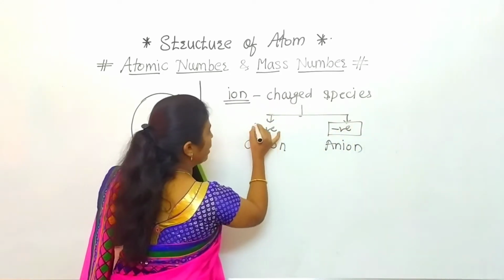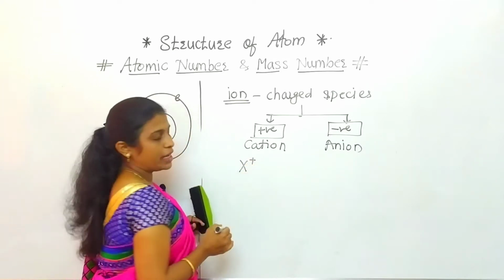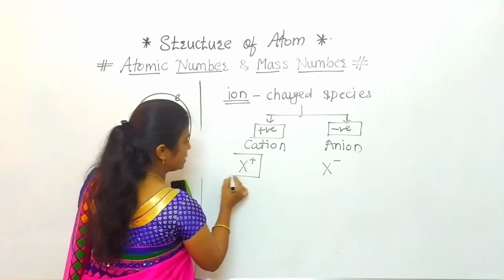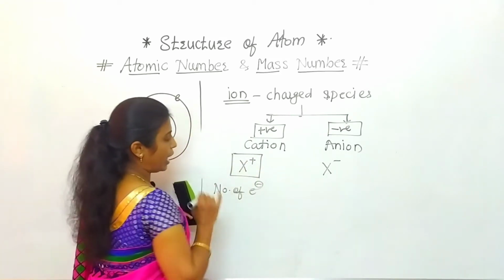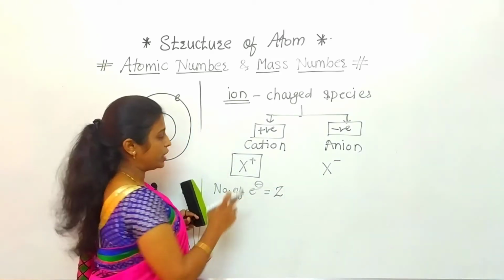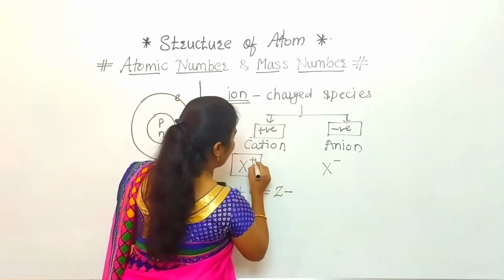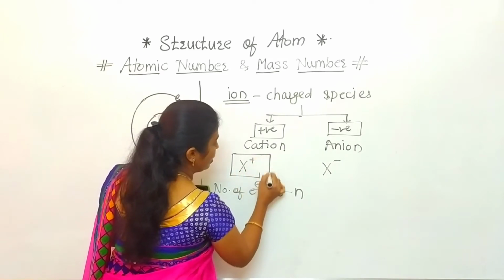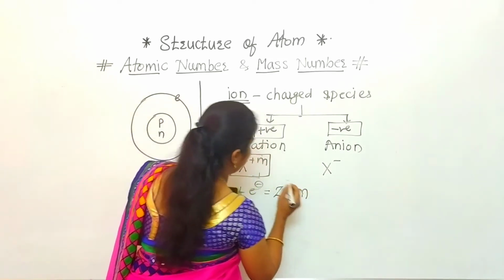Okay, if we consider any ion, for example X plus and X minus, and we want the number of electrons for this ion, then we take the atomic number, and if it is a cation, we have to reduce the number of electrons. I will write M here because N is used for neutron.